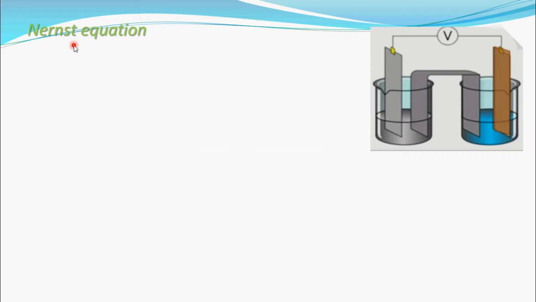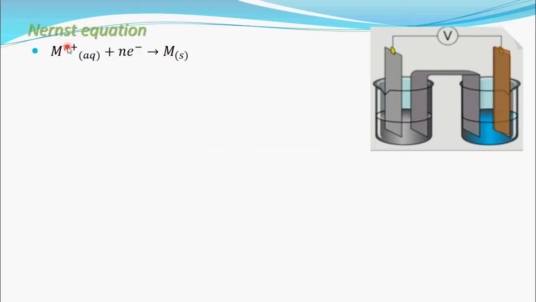See, what is this Nernst equation? You know that this is a galvanic cell. Take this as the M electrode undergoing reduction. M raised to n plus, plus n electrons, gives M. I don't know the charge on M, so take n plus.